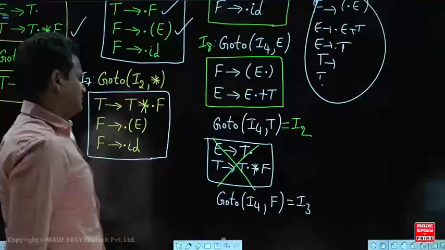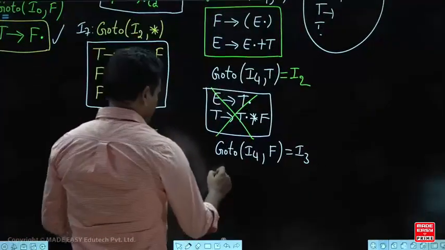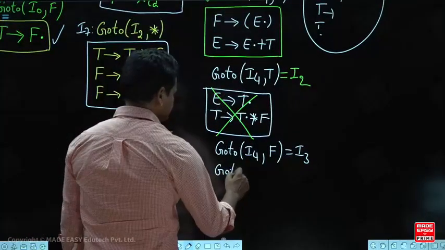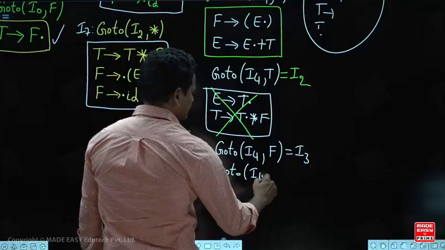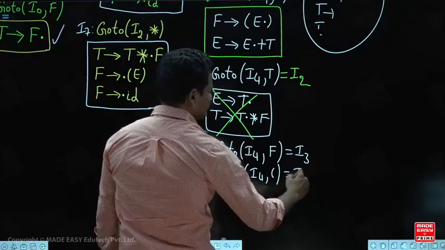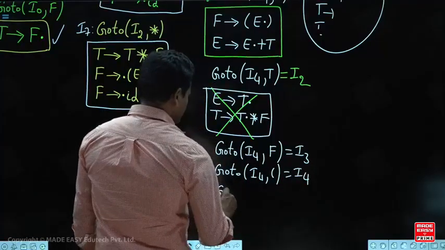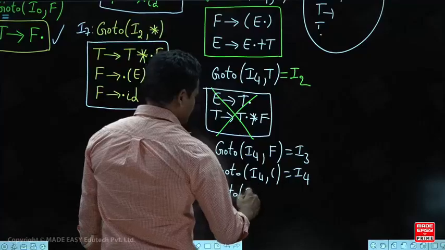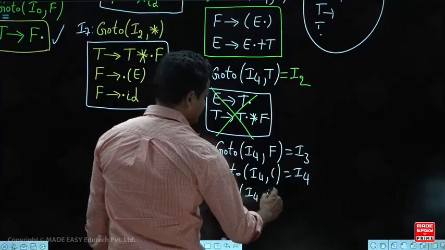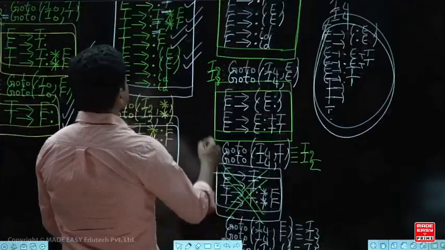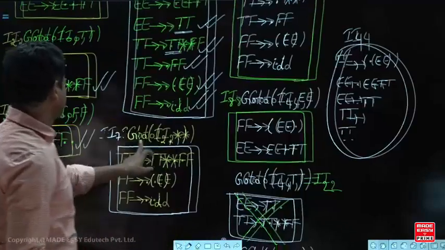So I4 comma open is I4 only. Next, go to of I4 comma ID, which is this one.